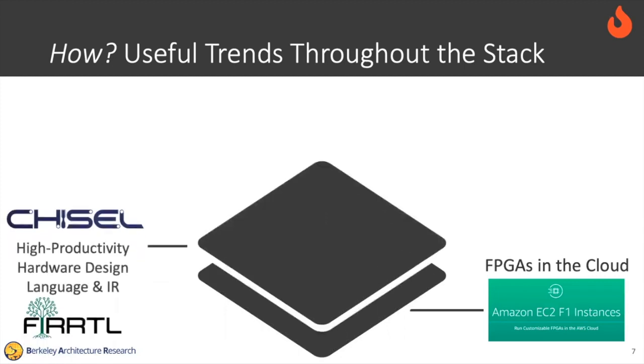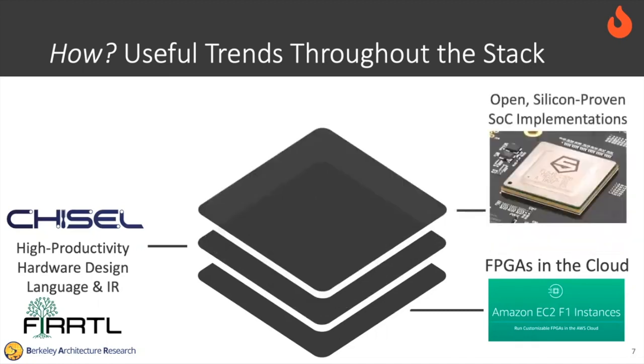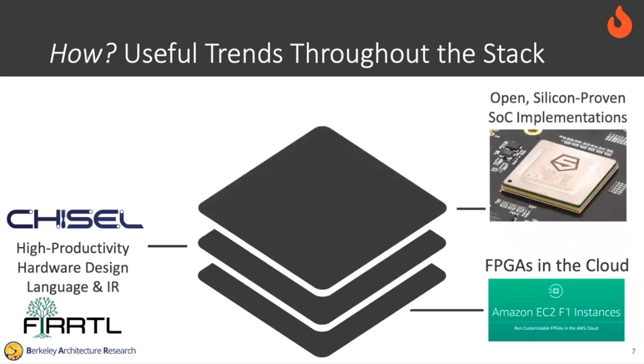Then, of course, we need some way to take a design and transform it into an FPGA-based simulator. And so having designs expressed in these high productivity hardware design languages makes it very easy to transform designs into simulators. And we'll talk a little bit later about what exactly that means. Then, of course, you actually need something to simulate. None of this is any good if we don't have good processors, good IP to model.